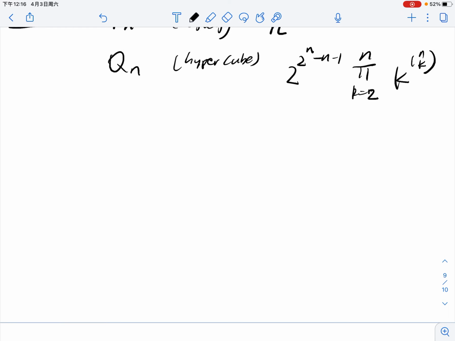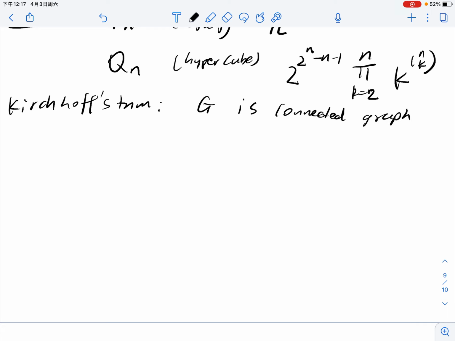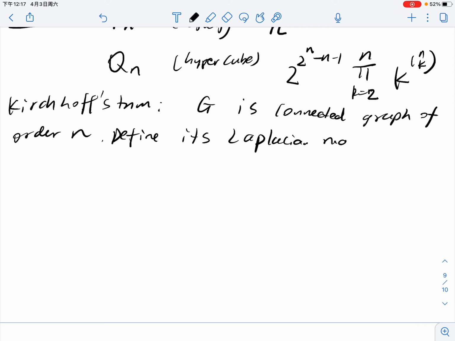Okay, and in general, we have the Kirchhoff theorem. Suppose G is connected. Kirchhoff was an engineer and a physicist. Connected graph of order n, and define its Laplacian matrix as follows.